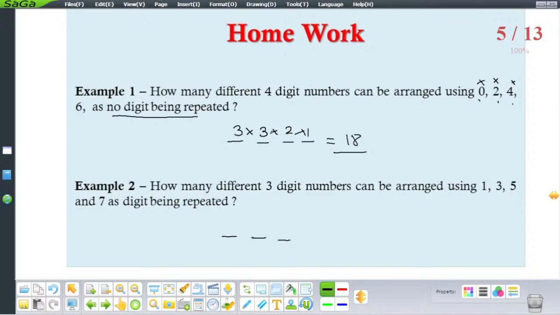We can use 0 now in the second, third and fourth positions. So here we can use 3 numbers again. Check whatever we have learned. The answer is 18.